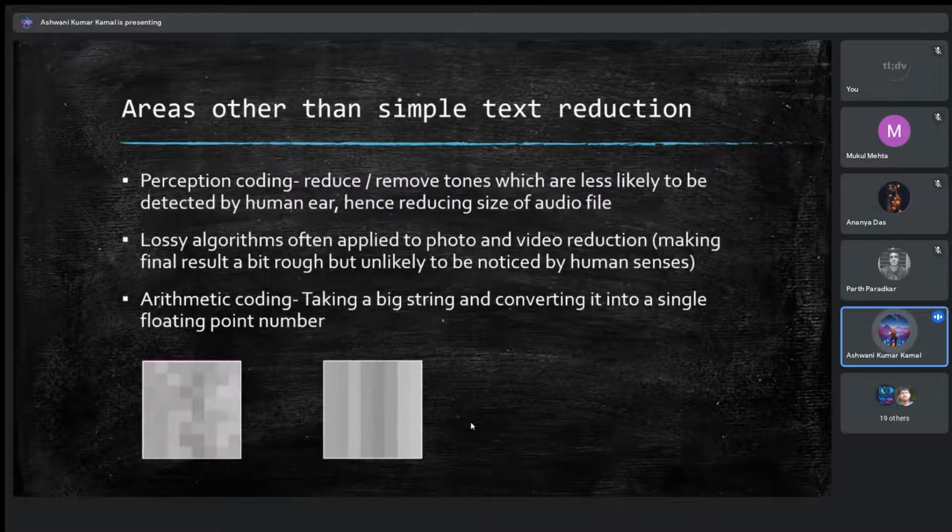So apart from simple text reduction, we also have all sorts of techniques to remove tons of redundant data. And of course, there are algorithms which are lossy in nature, which reduce the size of your audio file, your video file, or anything of that sort. And they reduce it in such a manner that the final product is not very different from the original product.